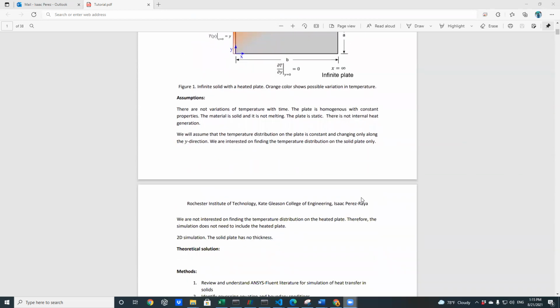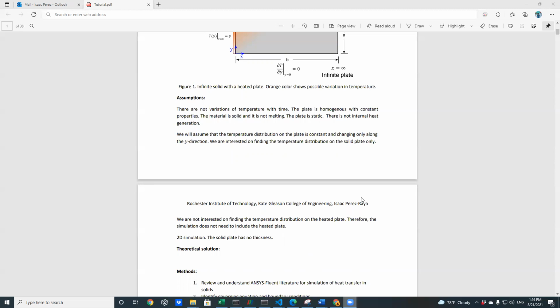Now, these are our assumptions. There are no variations of temperature with time. The plate is also homogeneous with constant properties. The material is solid and is not melting. That means that there is no velocity within the solid.